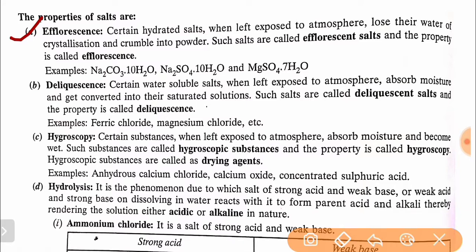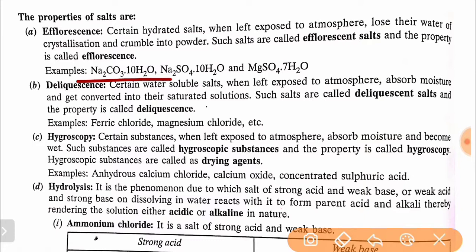Examples are sodium carbonate, sodium sulfate, and hydrated magnesium sulfate. You can see water molecules are attached in them. When water is attached to these salts, this is known as water of crystallization.